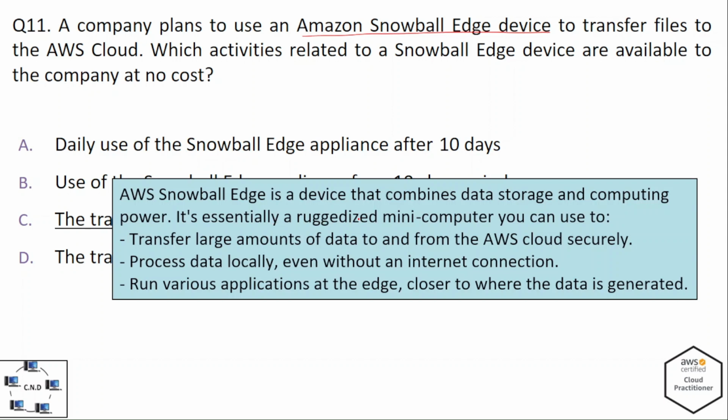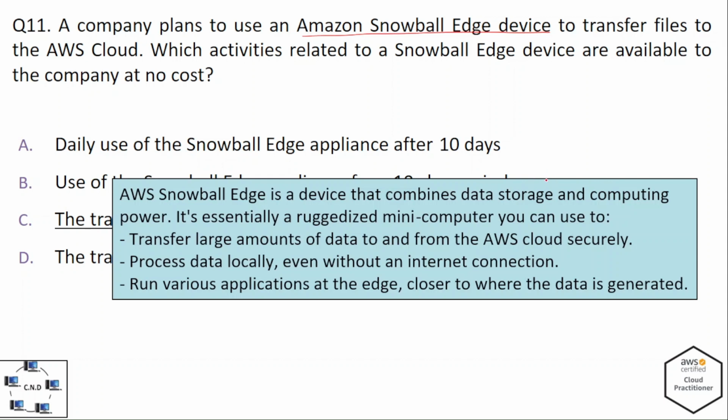It's essentially a ruggedized mini computer that you can use to transfer large amounts of data to and from the AWS cloud securely, process data locally even without an internet connection, and run various applications at the edge closer to where the data is generated.